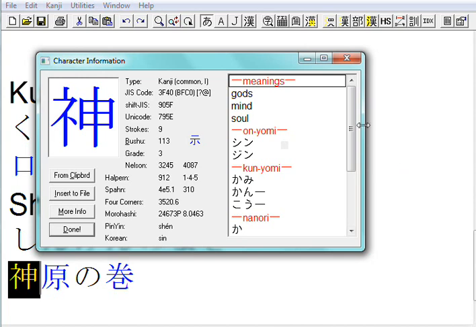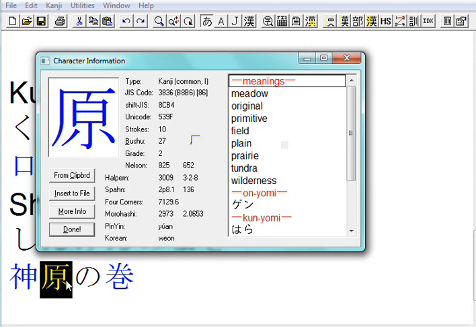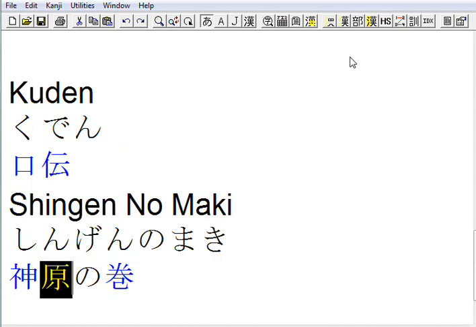Okay. And this gen here means the fundamental or original, the primitive, and some other things. But original is the term here. So the original spirit scroll, the Shingen no Maki.